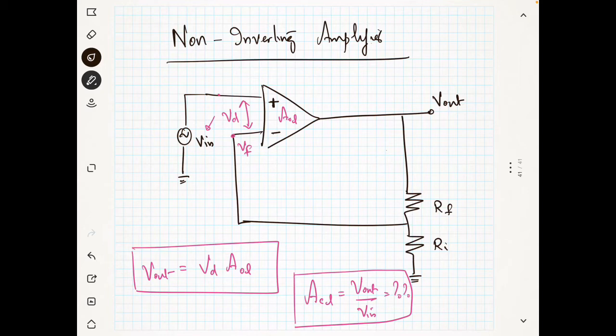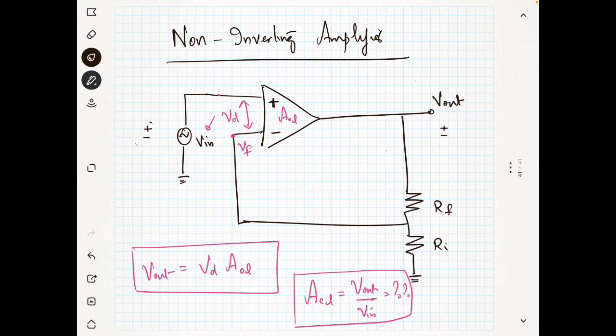Non-inverting means that if you give a positive input, you get a positive output. If you give a negative input, you get a negative output. Non-inverting means it will not change the sign, but inverting means that if you give a positive input, you get a negative output.